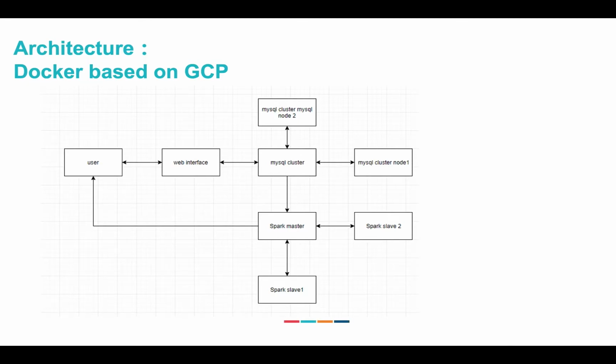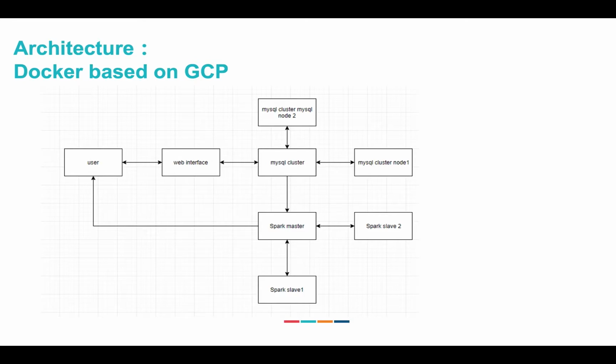Here is the architecture of our program. The diagram of the Docker based on Google Cloud Platform. At the beginning of the program, the user uses the front-end web interface to log into the program. When they type the register information and text into the page, it will be written into the MySQL cluster. The MySQL cluster is a distributed database, and it has 3 nodes.